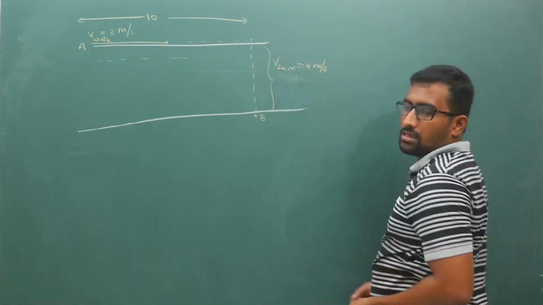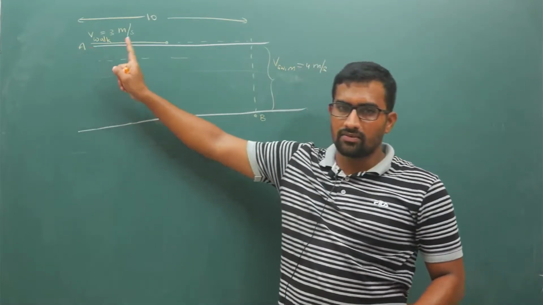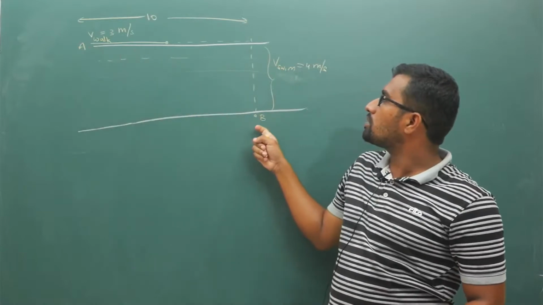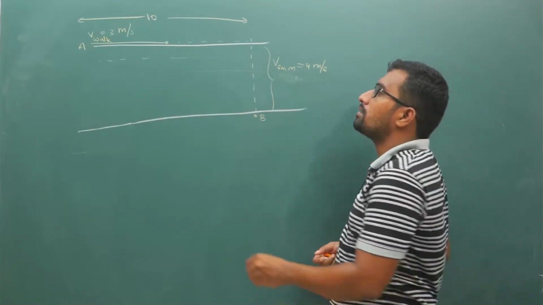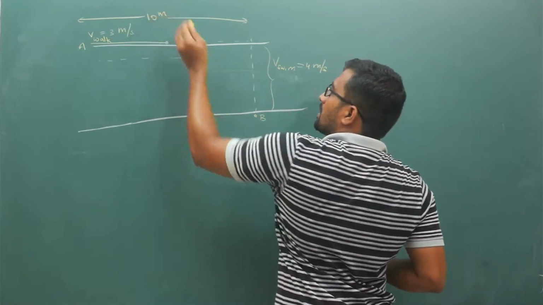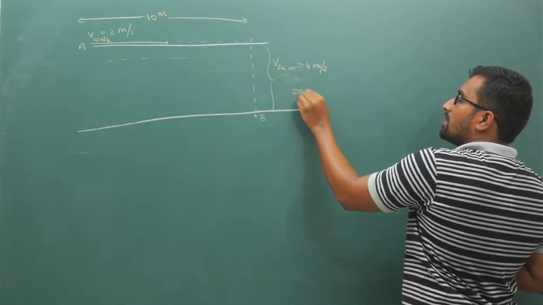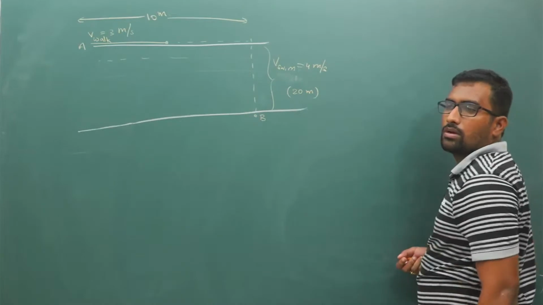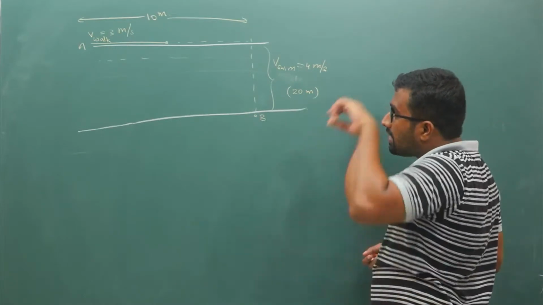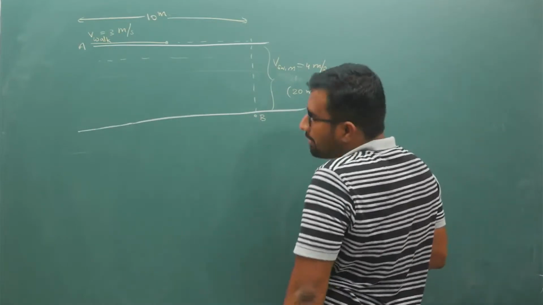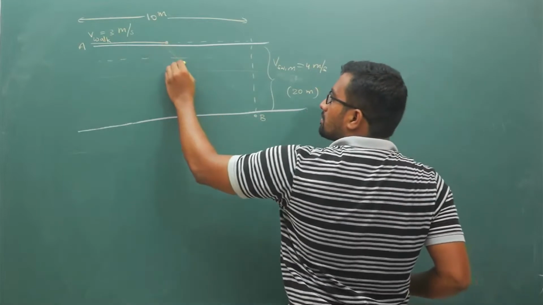He is starting from A and he is supposed to reach this point B, and total distance is given to you as 10 meters, and let us say this distance is given as 20 meters for you. Question is, where should he actually jump into the river?